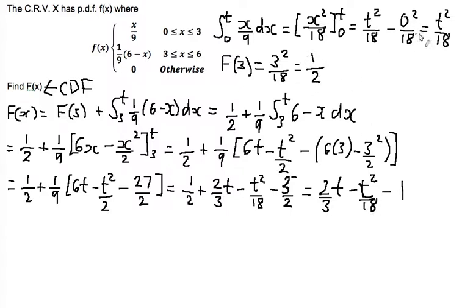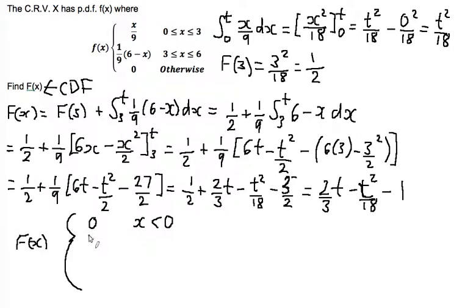I've got a function t squared over 18 for x between 0 and 3, and a function 2/3 t minus t squared over 18 minus 1 for x between 3 and 6. So let's write this out in full. Remember, F of x is defined over several different ranges. It's going to be 0 for x less than 0, so it accumulates no probability before 0.